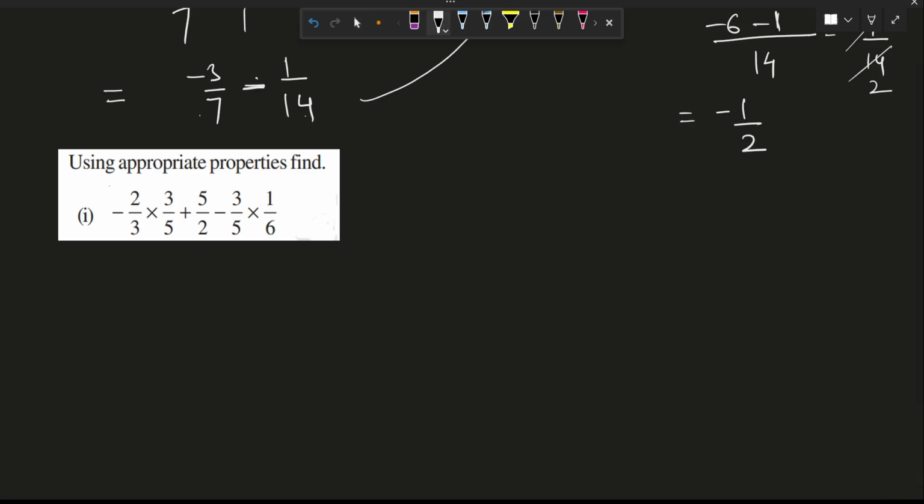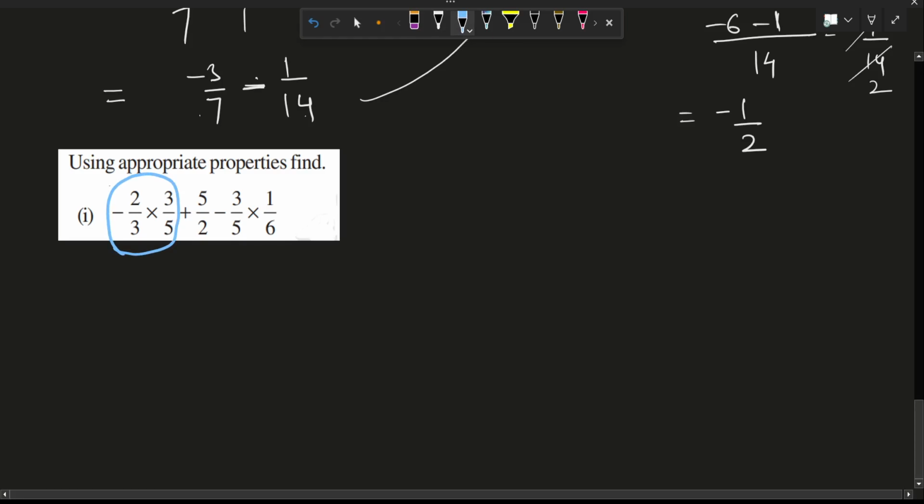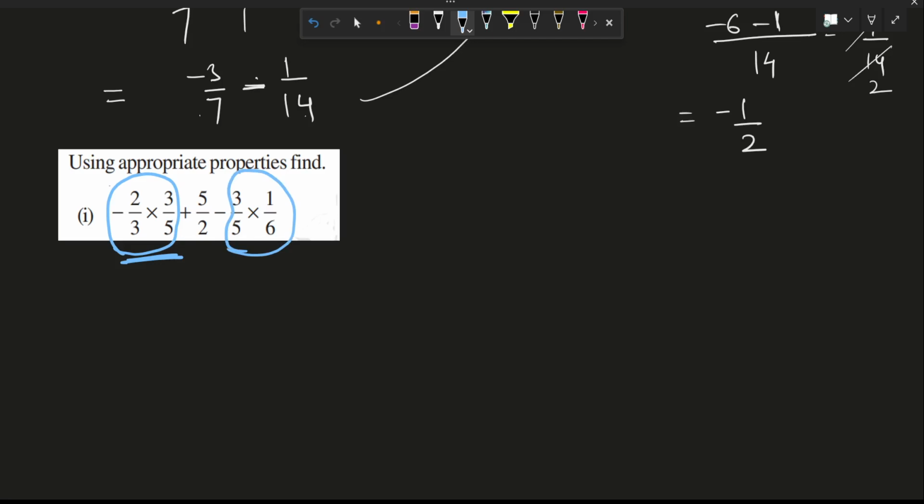So over here also, if I circle it, this 3 by 5 is there with this multiplication. Check for multiplication problems first. The terms are being multiplied, two terms multiplied, so 3 by 5 is common here. Here also if you see 3 by 5 is with this 1 by 6. So write them again together with their sign.